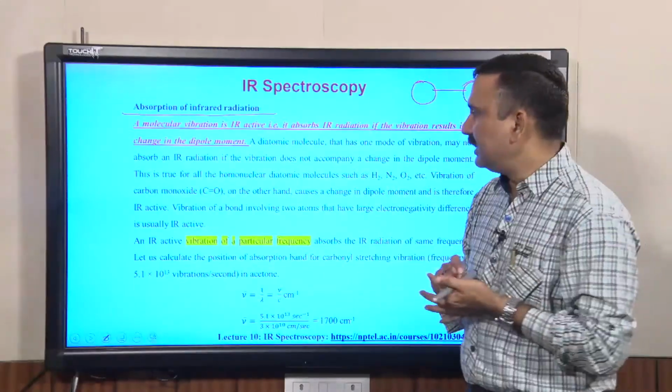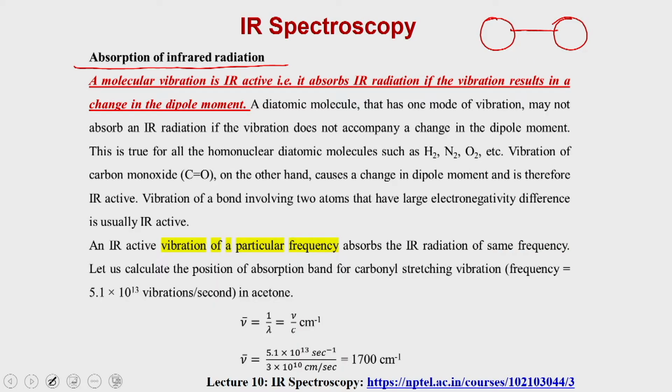The other condition is that even if you have a diatomic molecule, it should show a vibrational energy in such a way that there will be a change in the dipole moment.